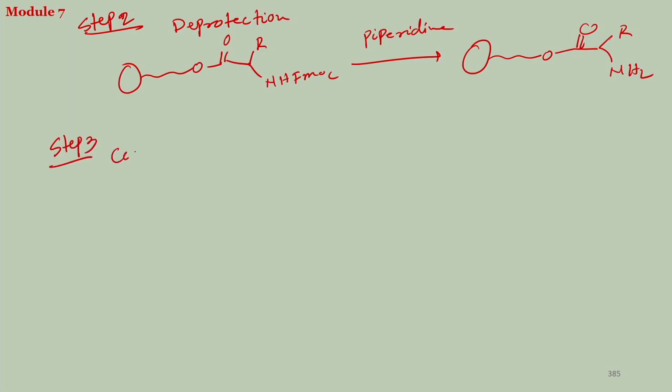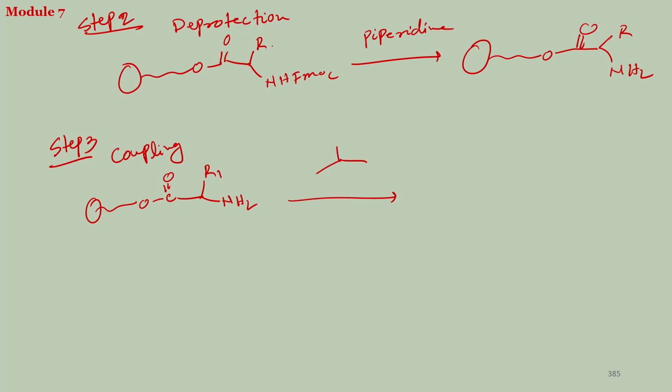Step 3 is coupling. So, solid phase OCO, R, NH2. Now, you add your second amino acid.